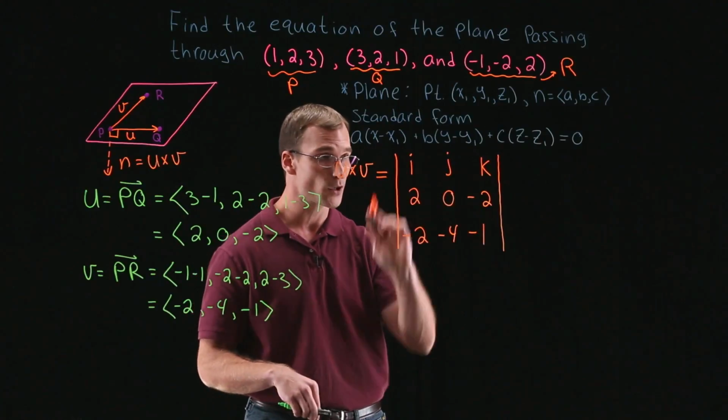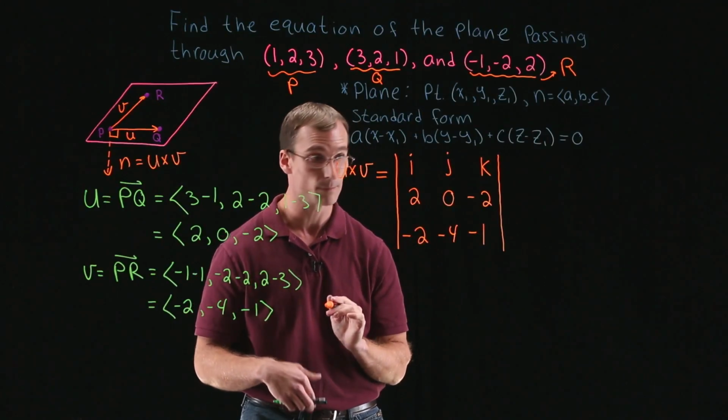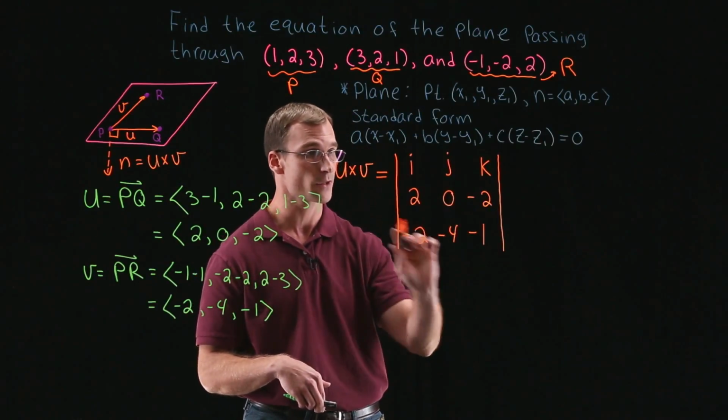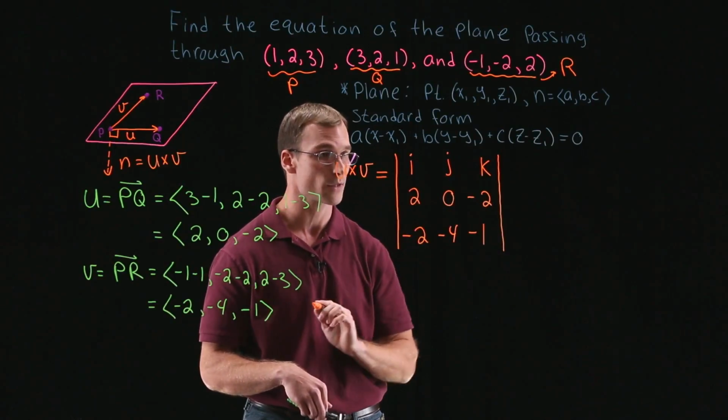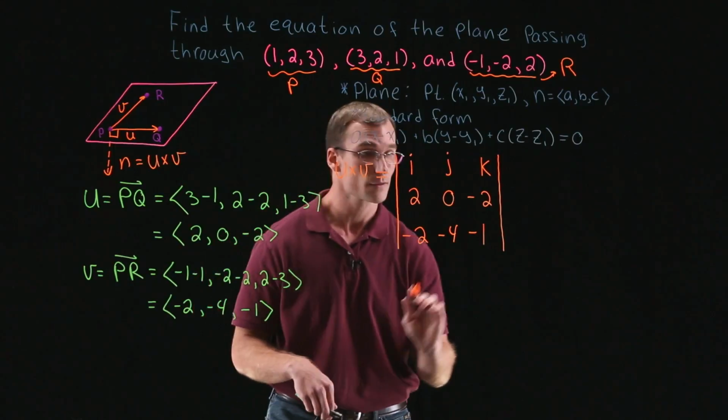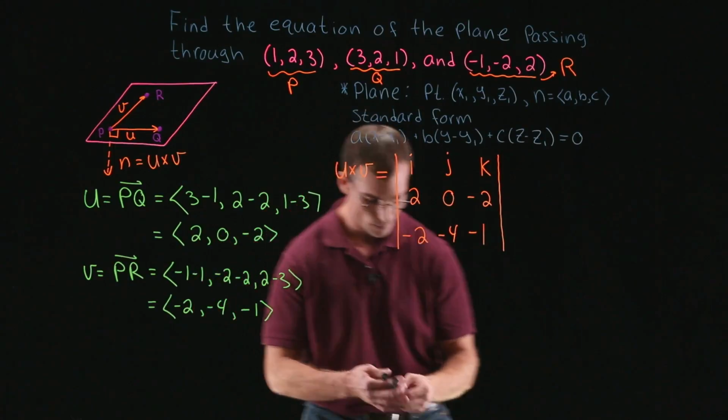This isn't a true determinant, but we're going to follow the exact same steps as if this were a regular 3 by 3 matrix where the top row was constants rather than unit vectors.